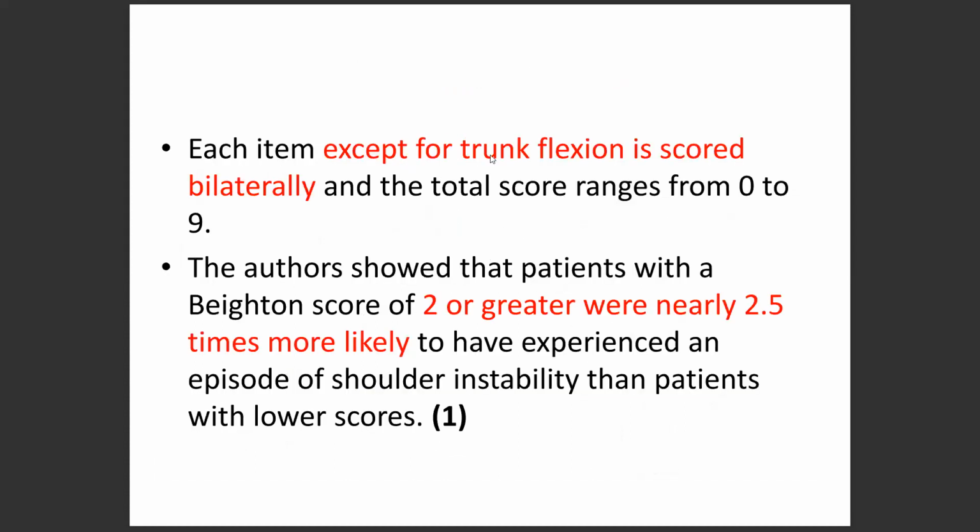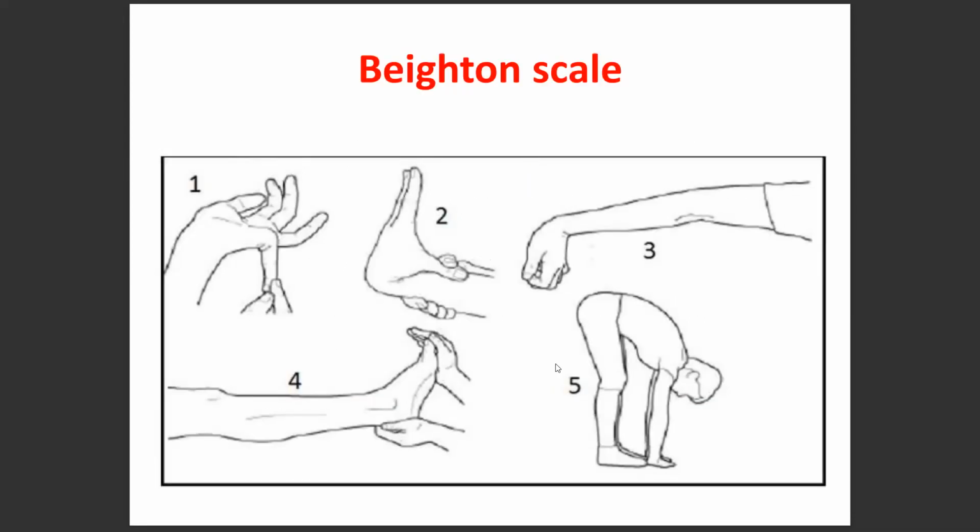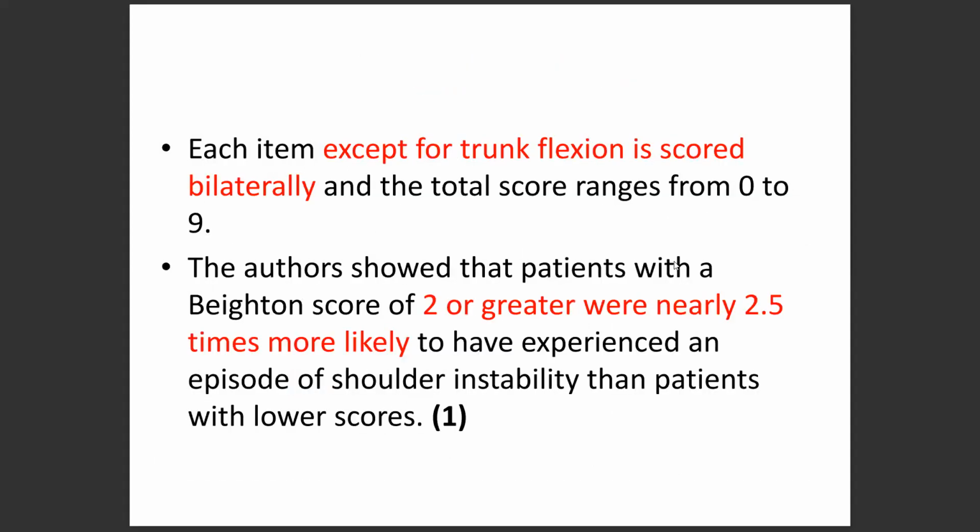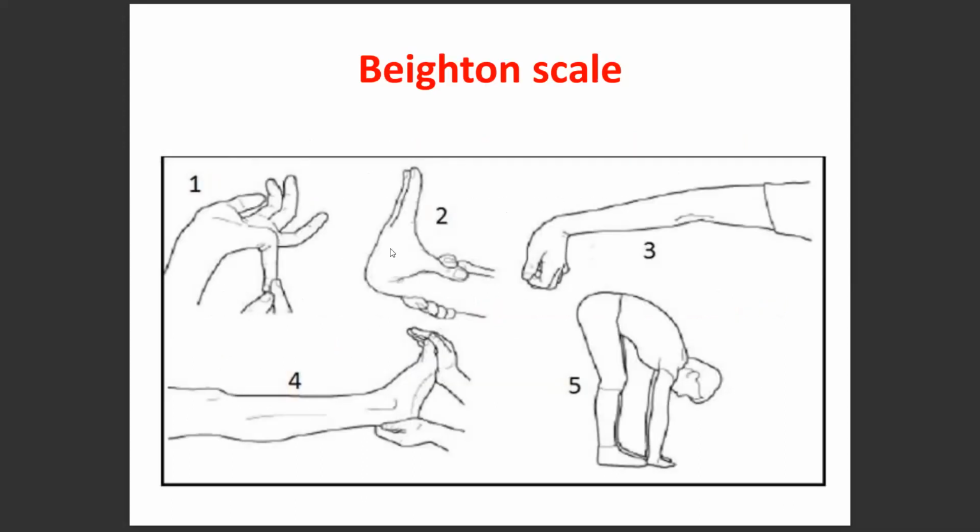Each item except for the trunk flexion, this last one, is scored bilaterally, and the total score ranges from 0 to 9. If we look at this diagram, there is 1 score for the right hand and 1 for the left. Similarly, 1 for the right thumb and 1 for the left. Right and left elbow, 2 points.